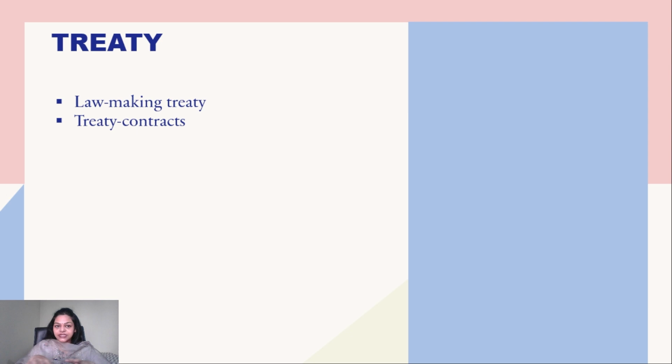Now, once all this is done, once a treaty has come to finality and it has been signed by the state parties, then suppose this treaty has been signed by state 1, 2, and 3. Now this treaty is to be ratified.